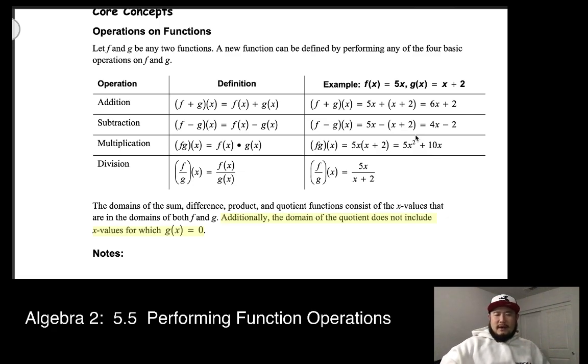I'm sorry, the domain of the quotient excludes the values of x for which g of x equals 0. All right, so let's go ahead and move on.